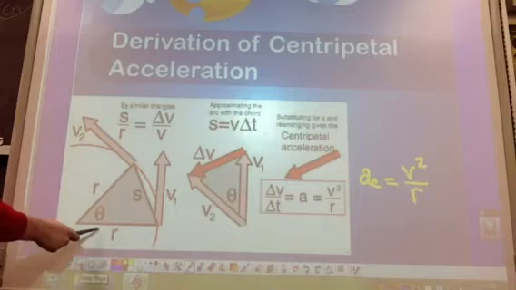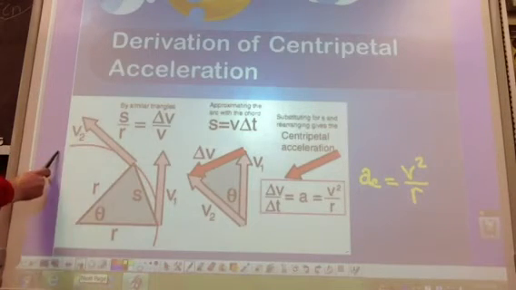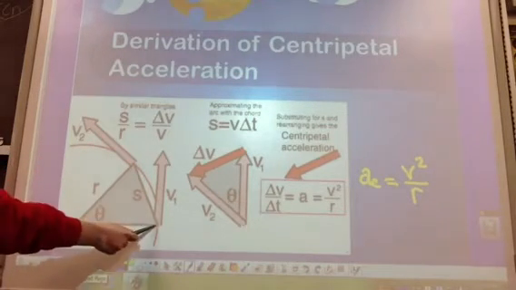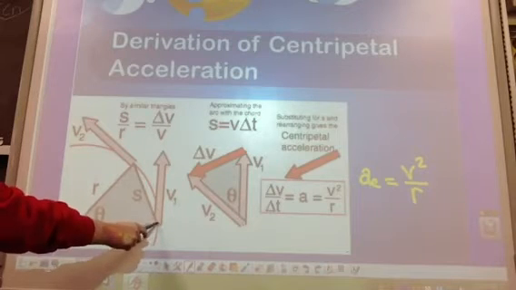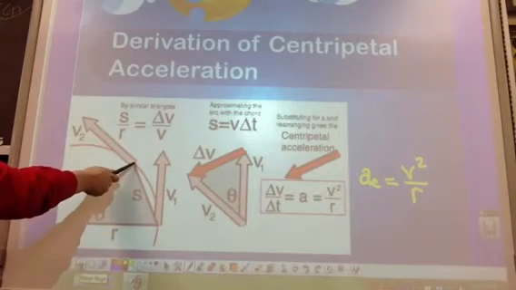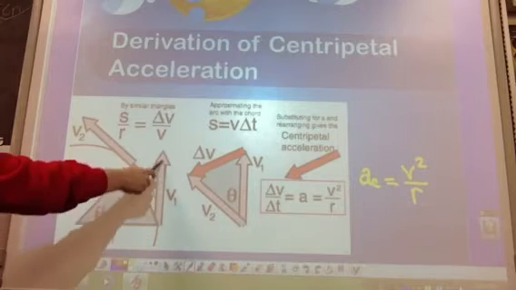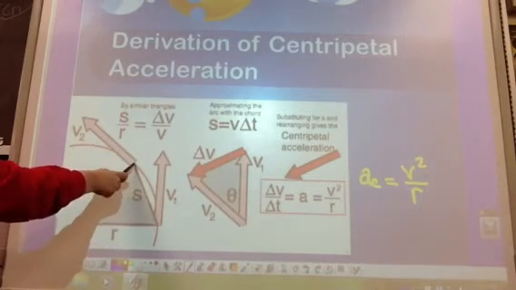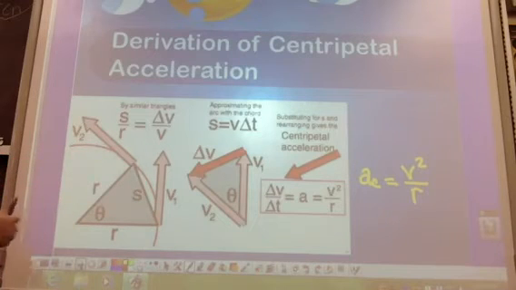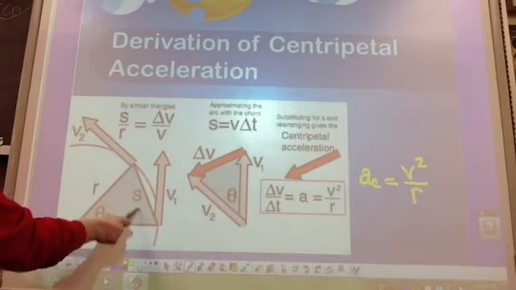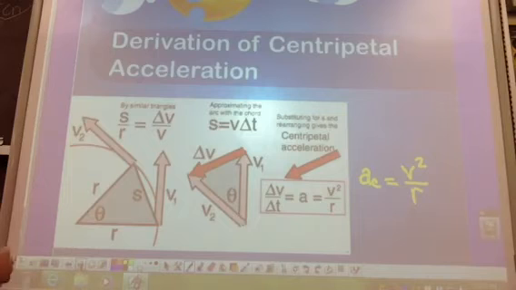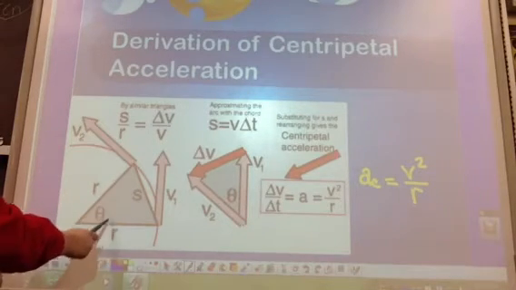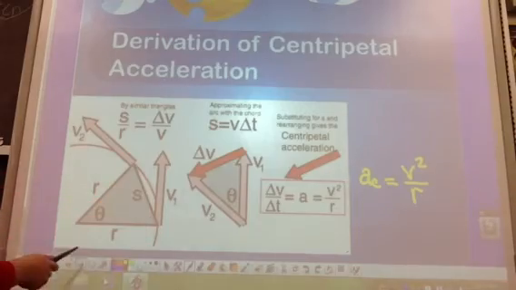This is my circular motion, my radius, my particle started here at, we'll just say position 1, and ended at position 2. So this is velocity vector 1 whenever it was at position 1, and this is my velocity vector at position 2. My S is just representing my overall displacement for this displacement triangle.